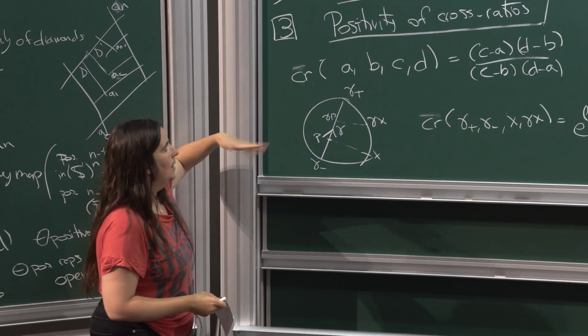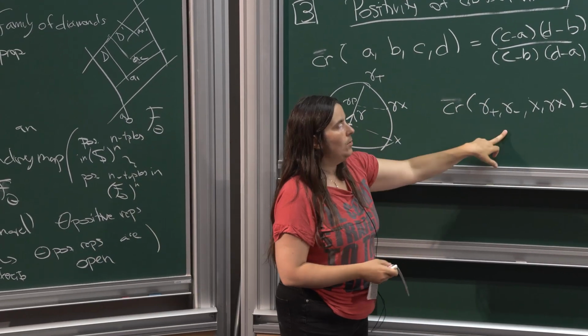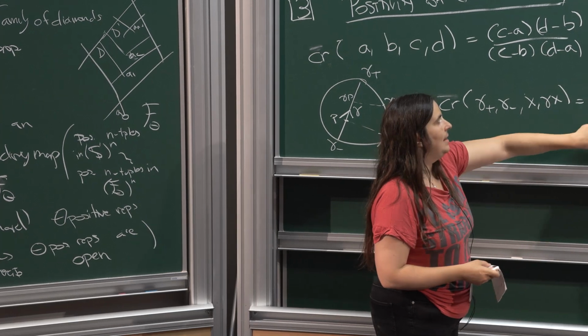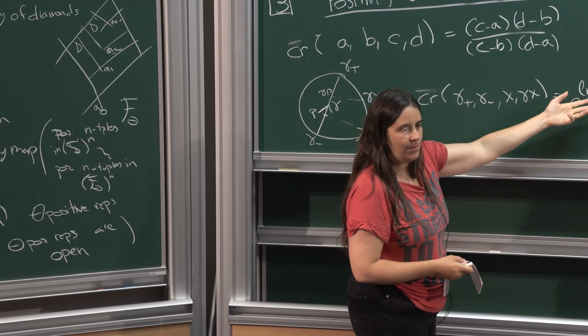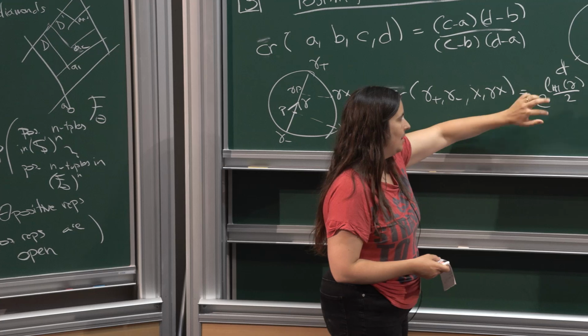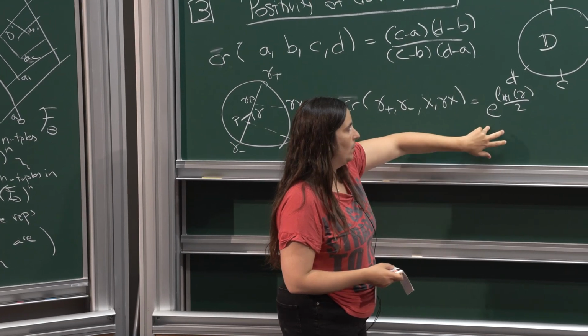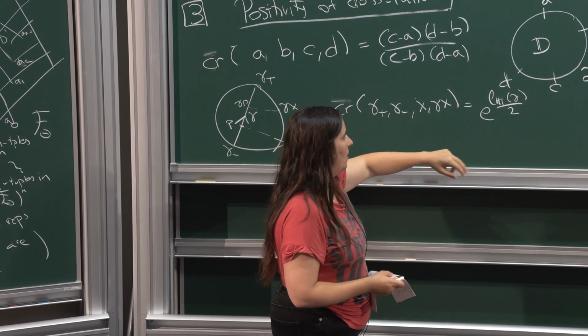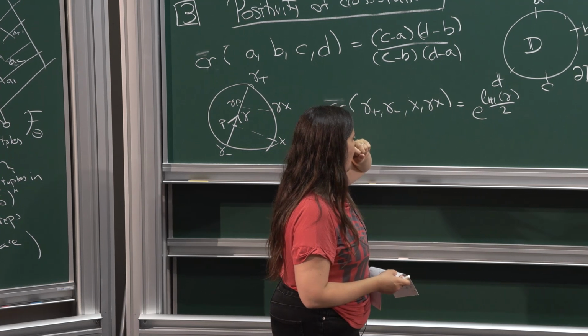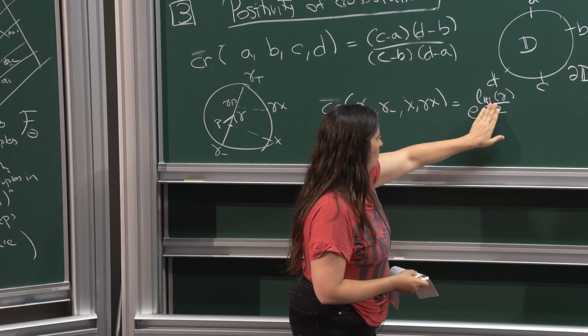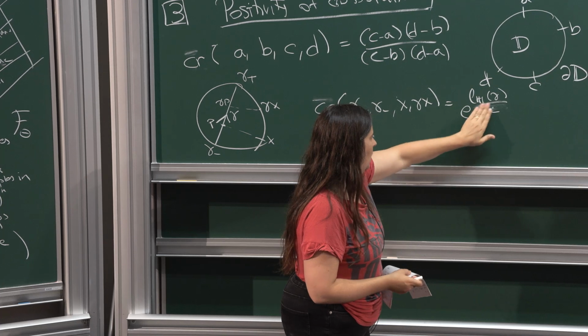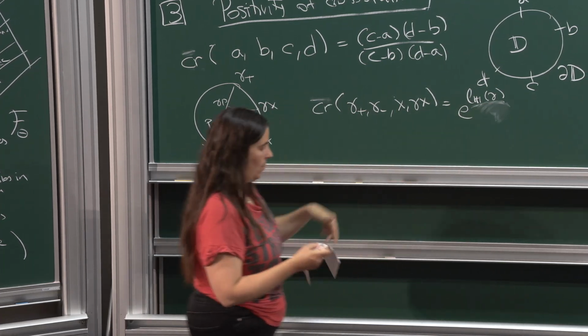So I can just compute one cross ratio on the boundary and read off the eigenvalues, this is the root of the product of the top and bottom eigenvalue, and I guess I shouldn't have this over 2, I think. I think this was the correct one.